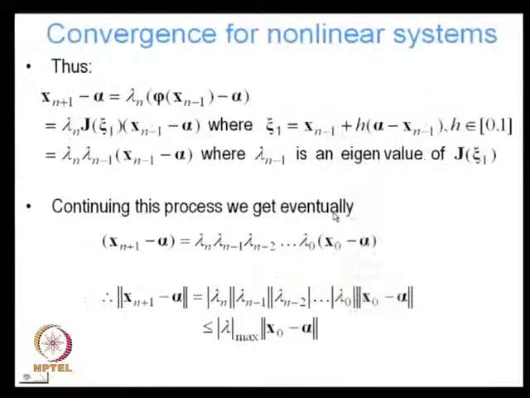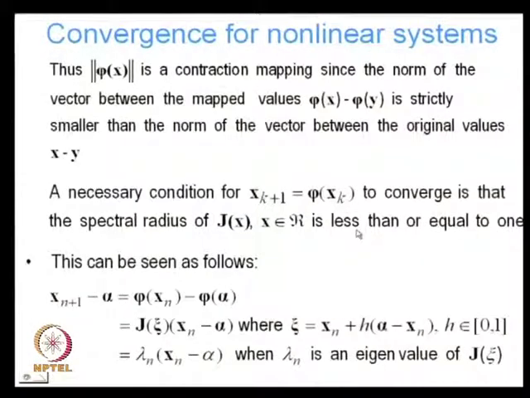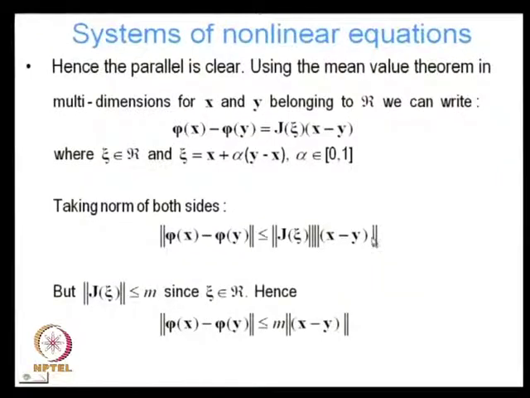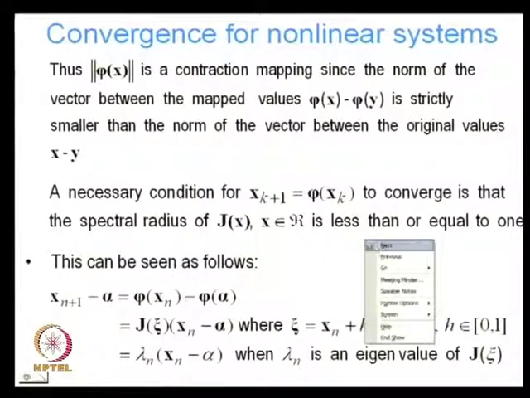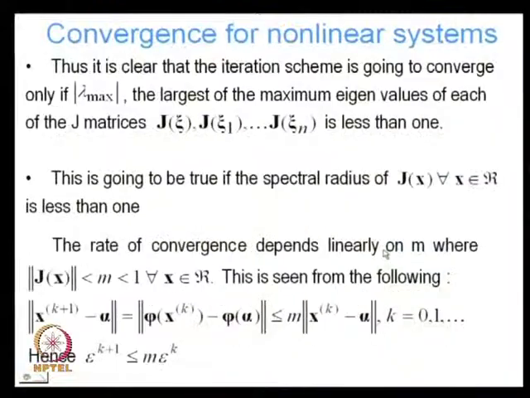Let us take a look at that again. From this, we showed that earlier. So this is going to be less than or equal to the norm of x k minus alpha. What is this? It is epsilon k plus 1.